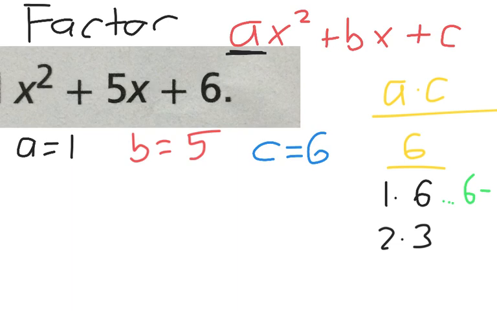So the only way I could make 5 here with 1 and 6 makes me have opposite signs. So that one's not going to work. Can I combine 2 and 3 to get 5? Yes, a positive 2 and a positive 3 combine to give me 5. So does a positive 2 and a positive 3 combine to be positive 5 and multiply to be positive 6? Yeah. So those are the two terms. All right, that's the two I'm going to use, is 2 and 3.